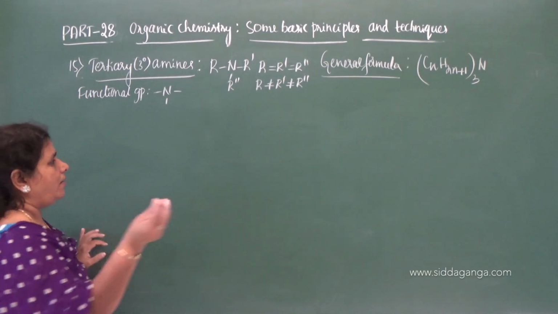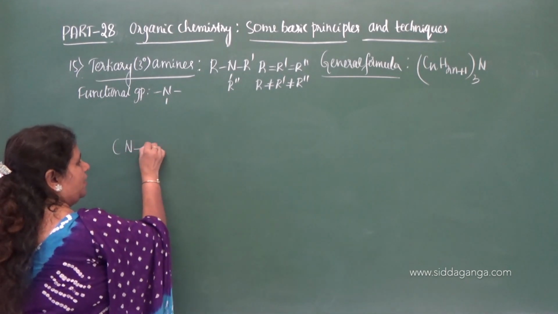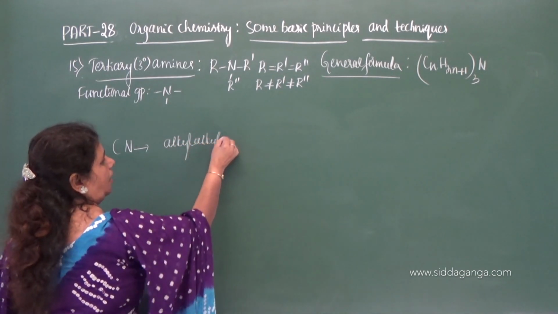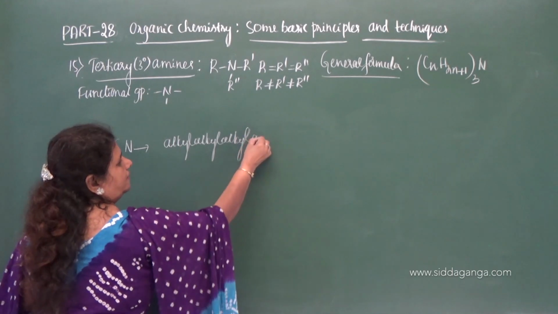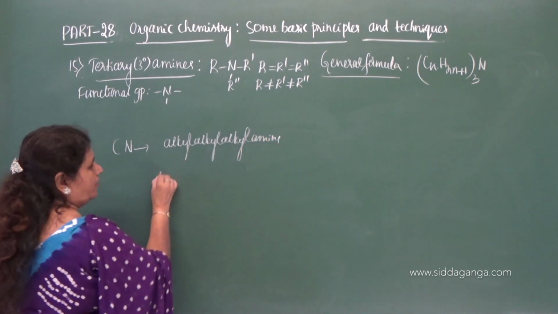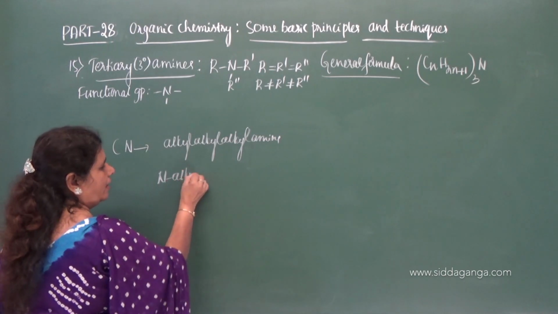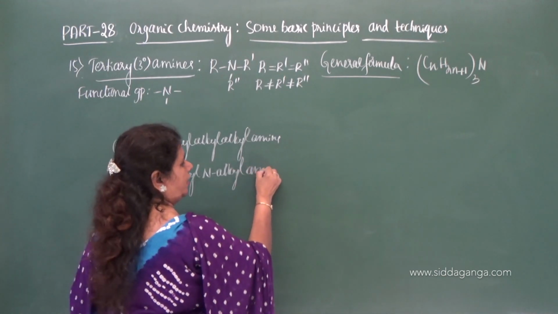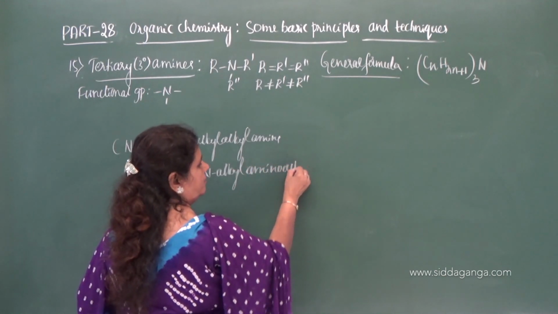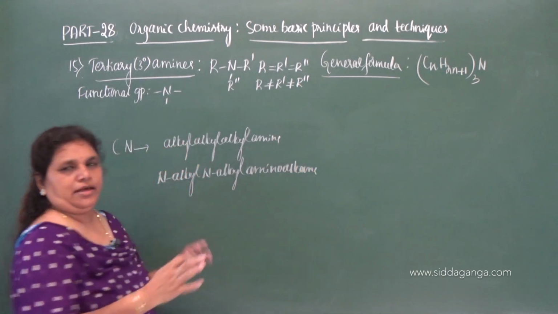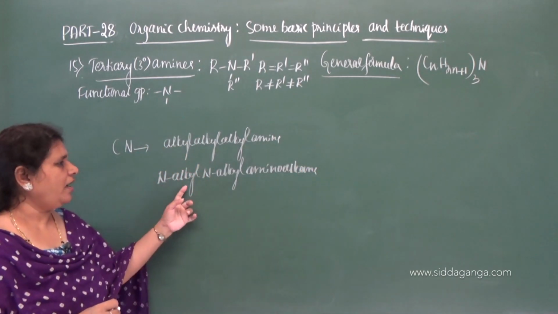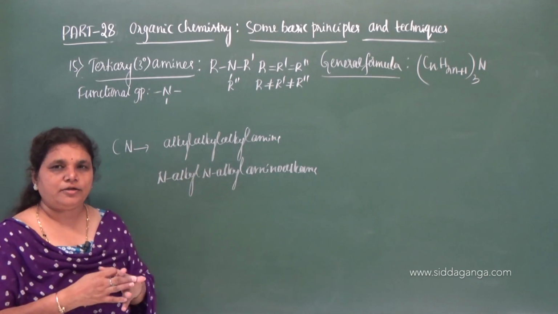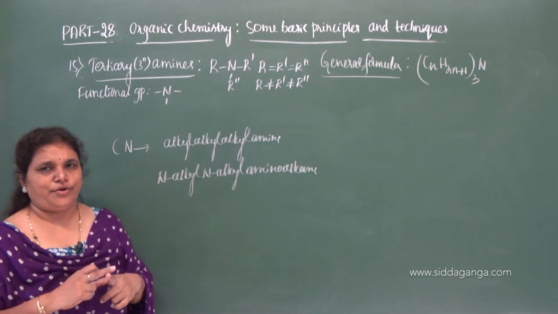Now what is the common name? How to get the common name? Very simple: alkyl, alkyl, alkyl, amine. Or you need to add N-alkyl, N-alkyl, amino alkane. Like in secondary amine, we took N-alkyl amino alkane, and here we need to take 2 alkyl groups as a prefix and 1 as a root word.